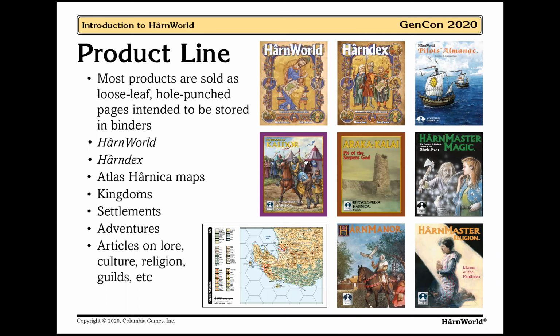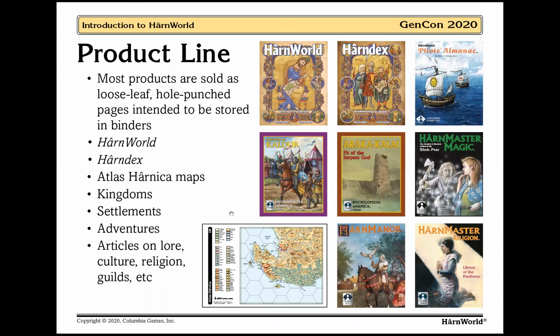But then we have individual kingdom modules, as we've seen, adventure modules, books about magic and religion, things like shipping and maritime rules, manor management and design, maps of all sorts.